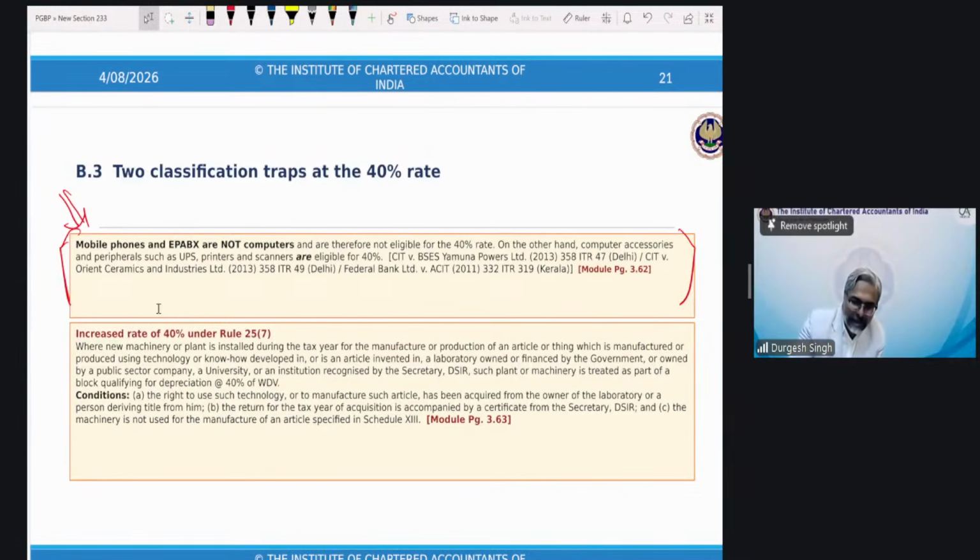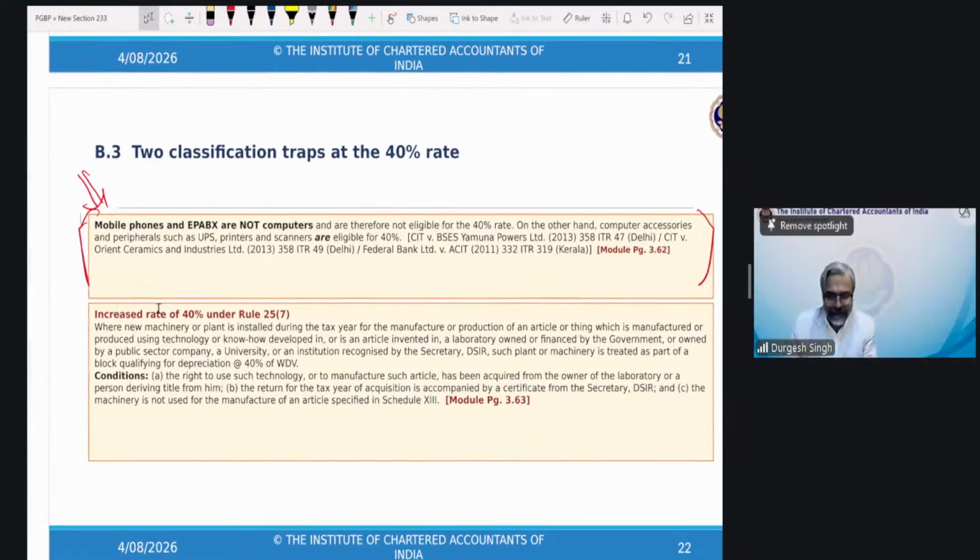However, if they tell you printers, scanners, or other computer accessories or peripherals, those equipment which you purchase will be classified as computer. Will you take these assets in the 15% block, or in the 40% block?